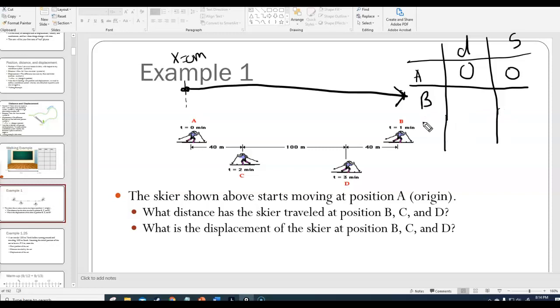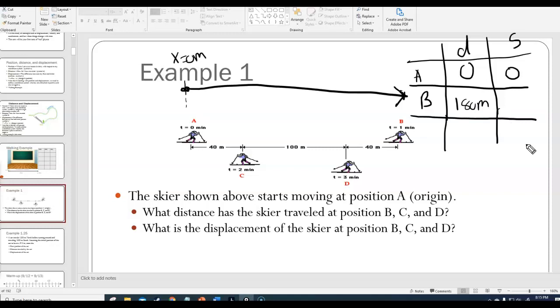What about when the skier gets to position B? In order to go from A to B, they had to travel 40 meters, plus another 100 meters, plus another 40 meters. So the total distance they've traveled is 180 meters.